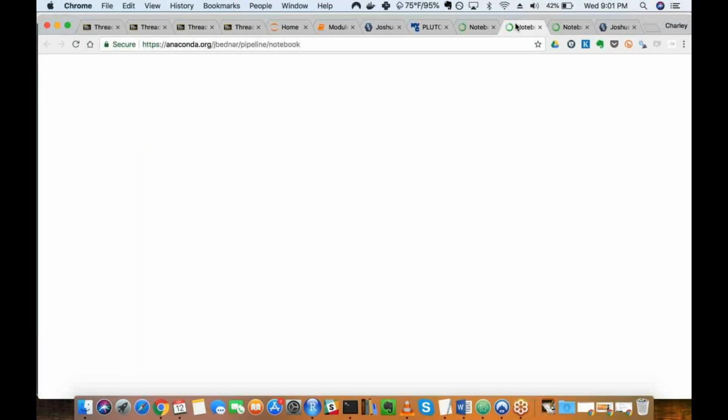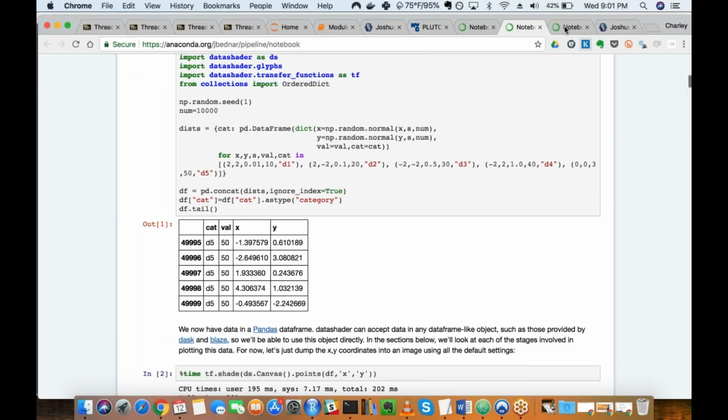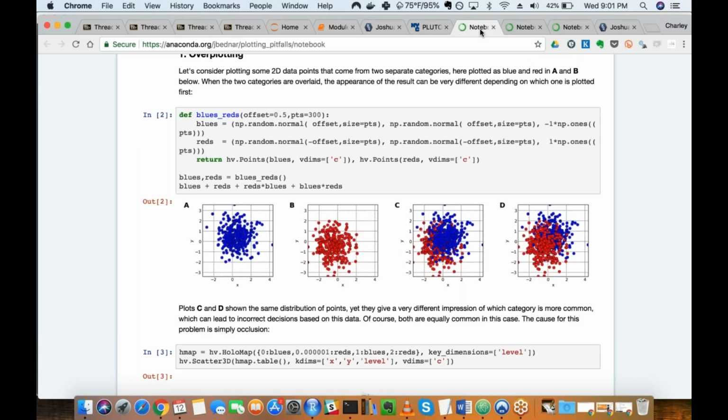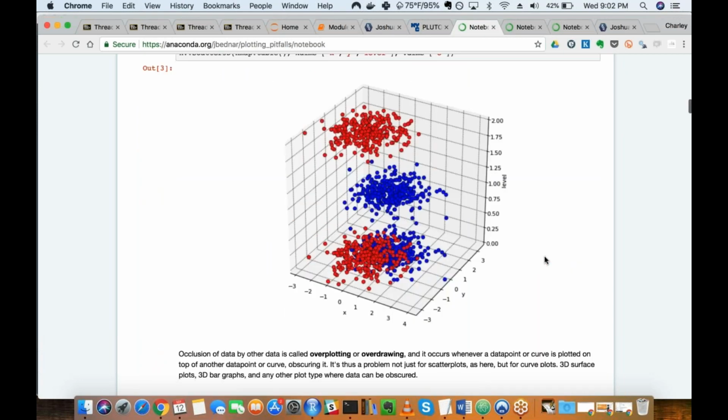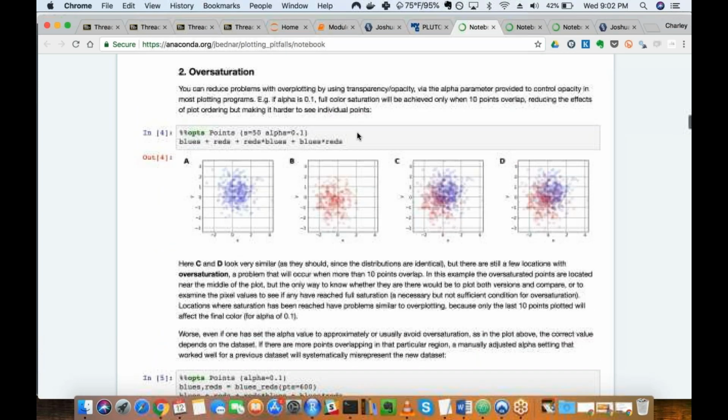This is harkening back to what we were looking at over here, where technically you have a lot of things going on. You have overplotting of different categories. You also have simply the large number of points, and Datashader deals with that for you.